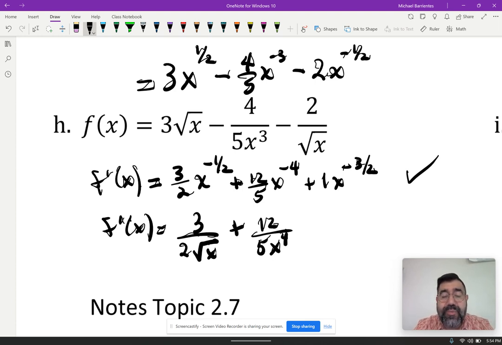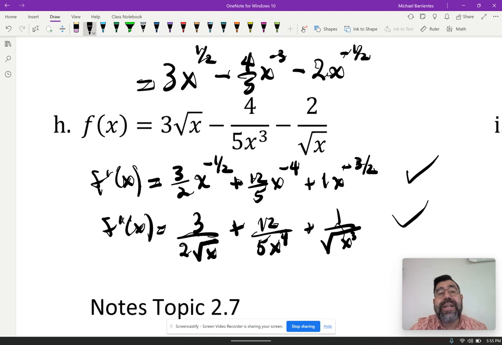Why positive? Because we flipped it. Right now it's in the numerator. We're going to flip it to the denominator. Plus 1 over x to the 3/2. Or I could also say x to the 3/2 is the square root of x to the third. And I can call that as my answer.